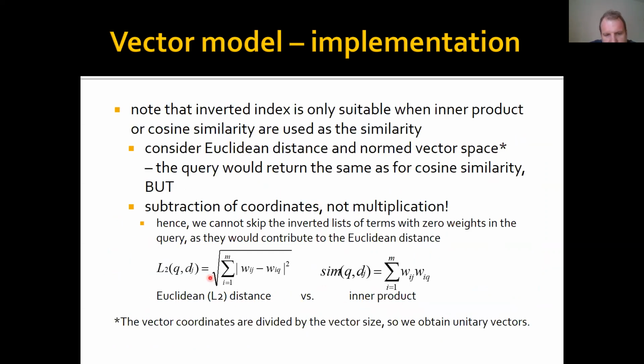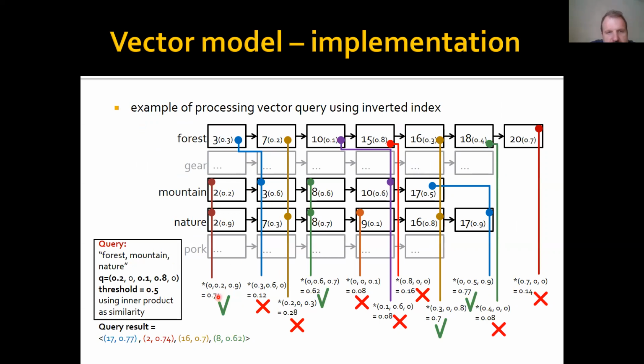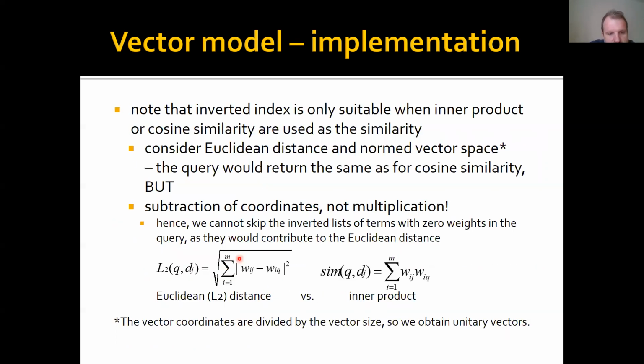But if we use the Euclidean distance, there is no multiplication like here, but there is subtraction. So we would be subtracting from the 0 something that is not 0, and the result would be not 0. So in this case, we cannot use the inverted file like that. We would need to really process all of the lists when using Euclidean distance, and this is a complete fail in terms of effective search.